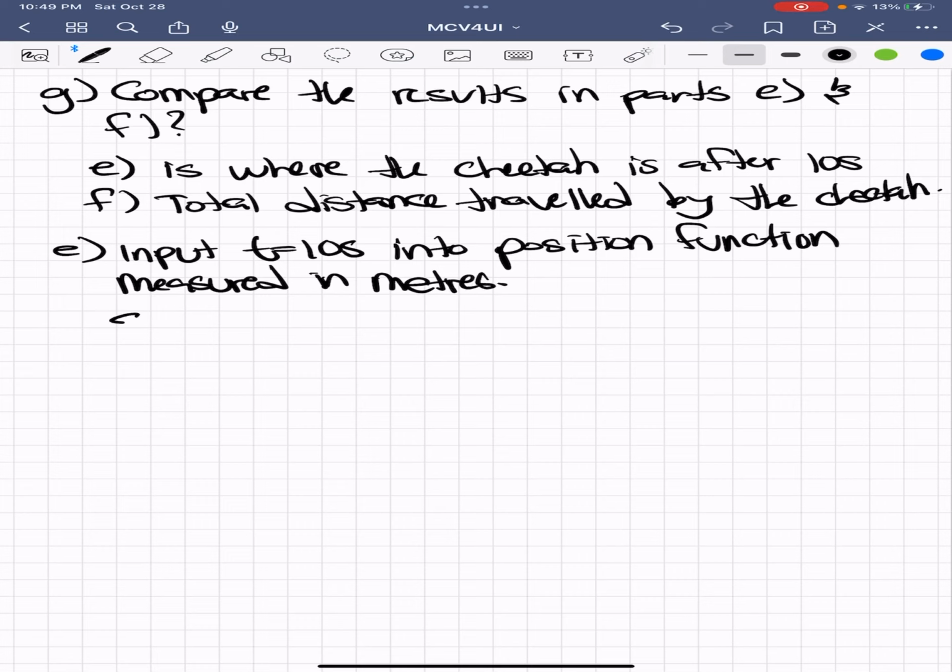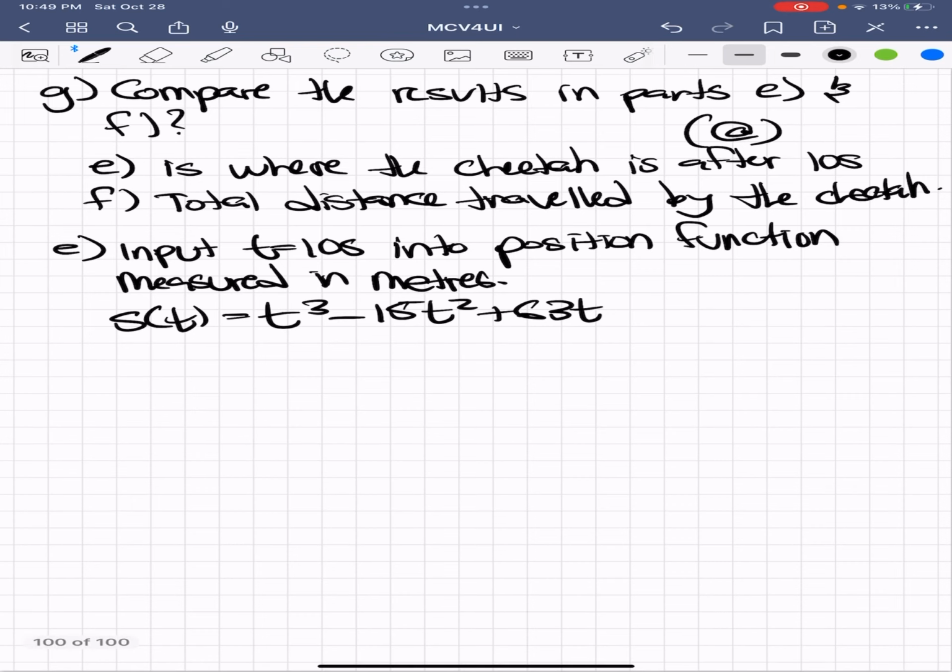And the position function is s of t equals t to the power of 3 minus 15t squared plus 63t. And that's to find where the cheetah is after 10 seconds, or at 10 seconds. We'll do a little at symbol and put those in brackets there.